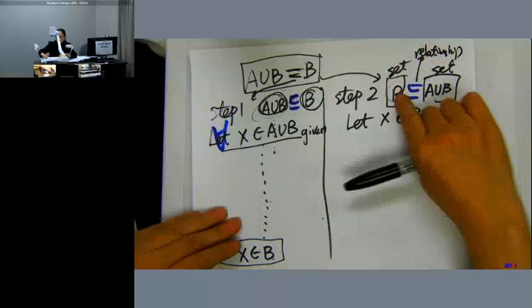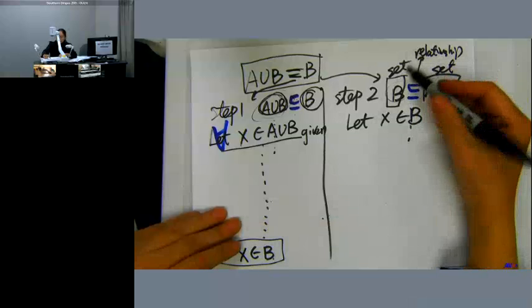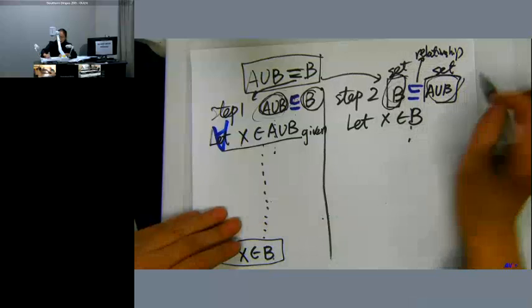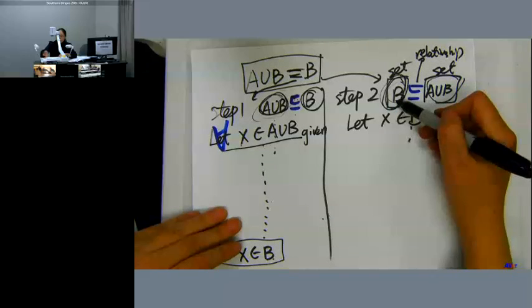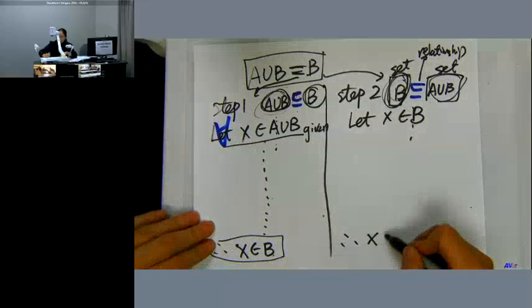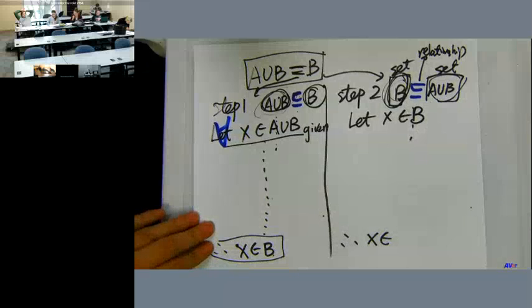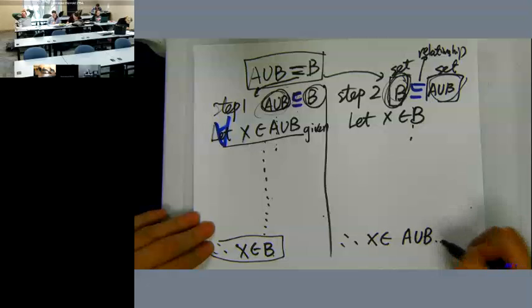Subset means part of it, contained in there, if you don't like the word subset. How do you show this is a part of that? You start with everything in here, something in here, and you try to show what? What do we try to show? X is an element of A union B. Yes, that's right. All right.